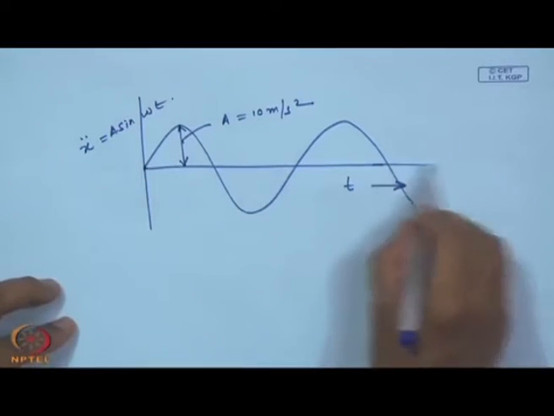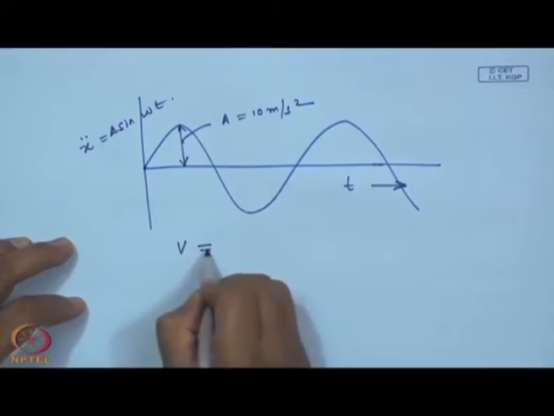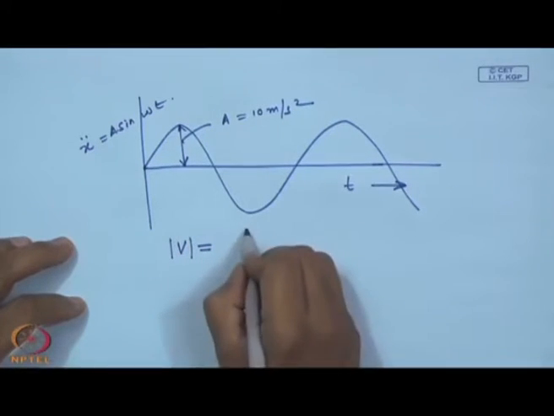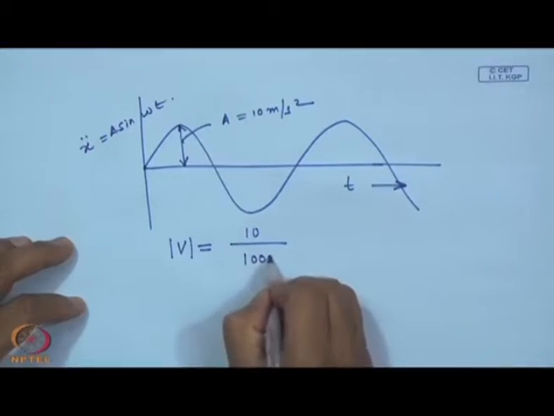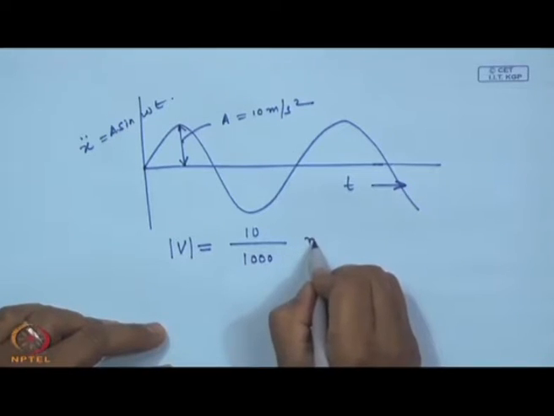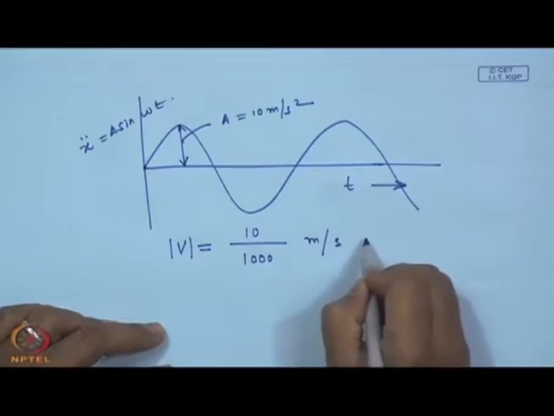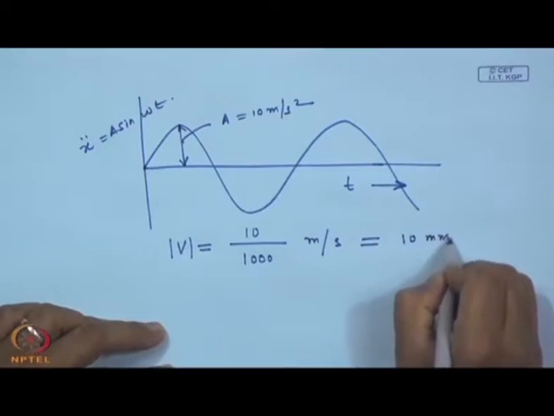Okay. So, in this case the velocity will be nothing but 10 divided by omega, which is 1000. So, this will come to 0.01 meters per second, which corresponds to 10 millimeters per second.